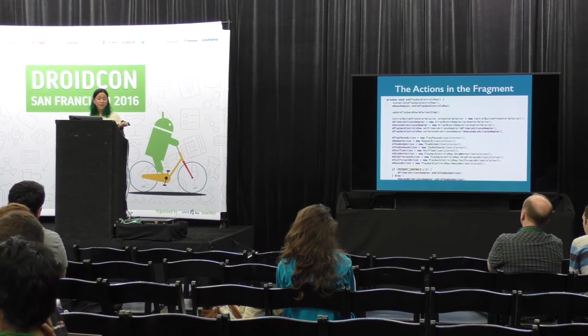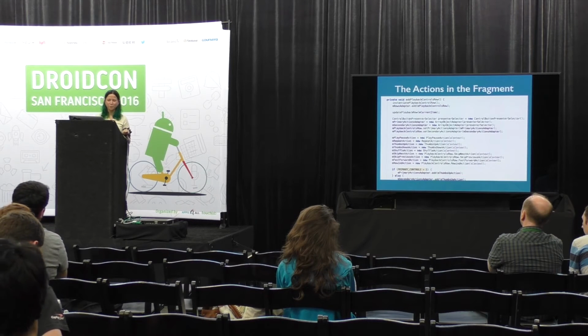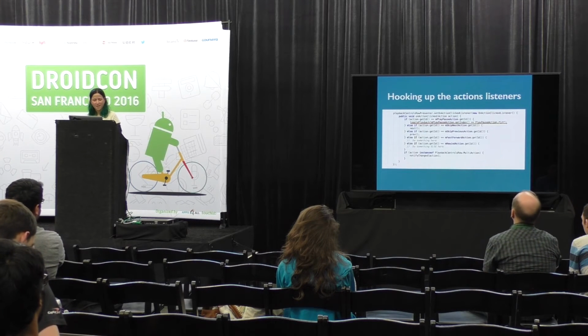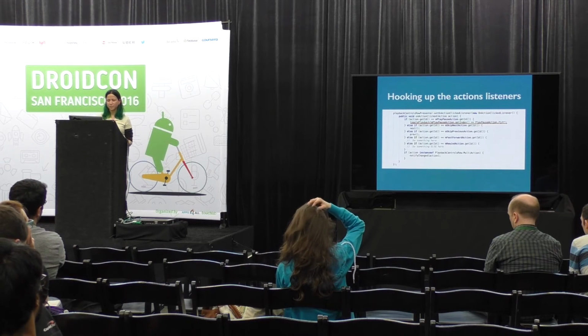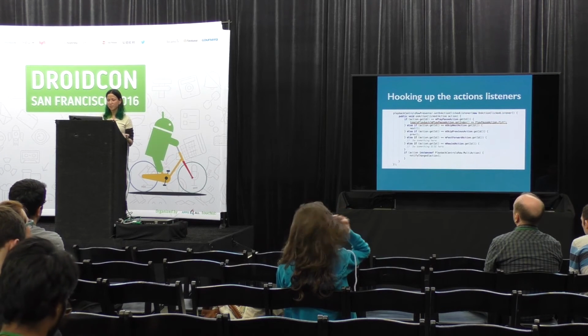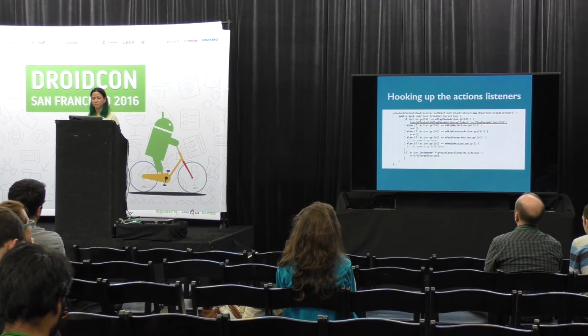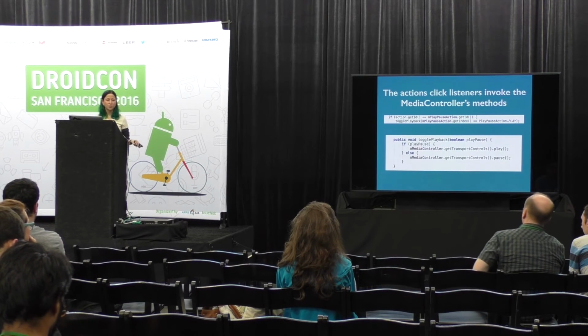This is the playback control row with a lot of actions that you can perform from it. And the second thing that I did was hook up the action listeners, which define what needs to be done when the user clicks a certain action. And the action click listeners actually invoke the media controller's methods.